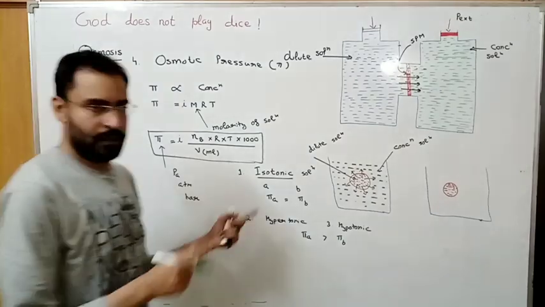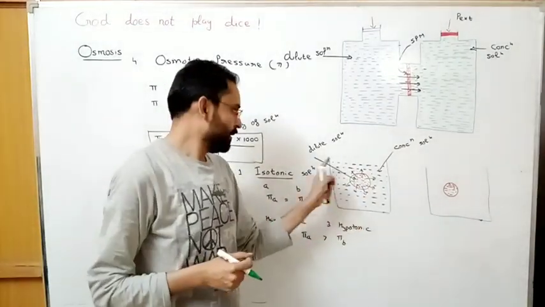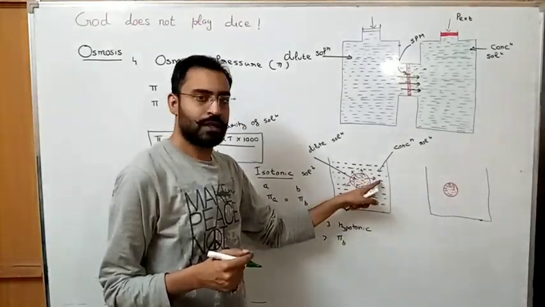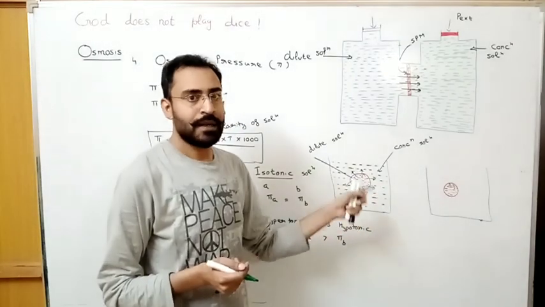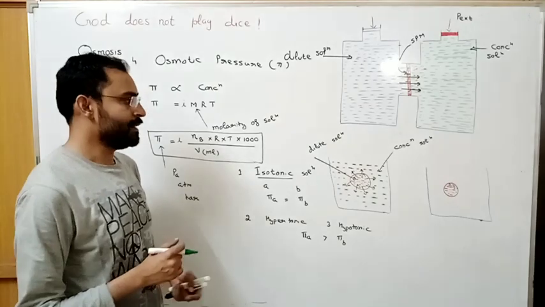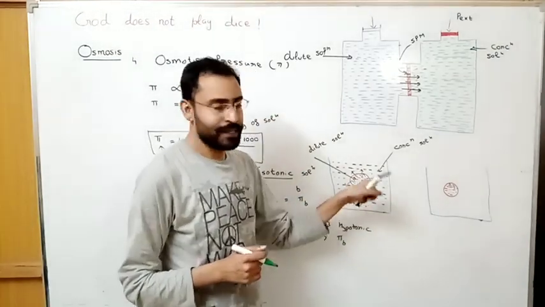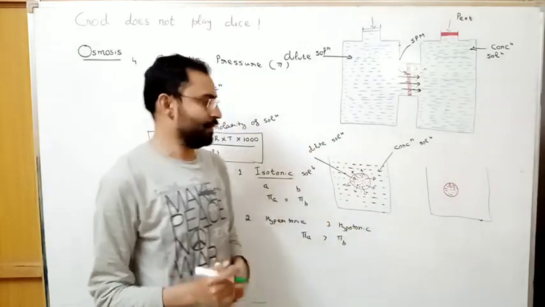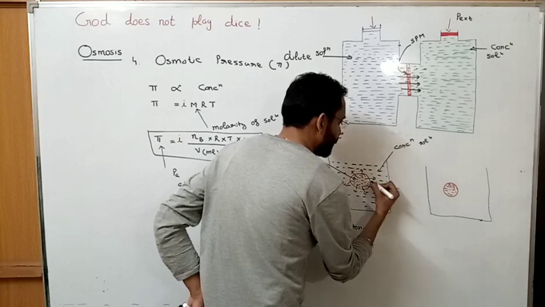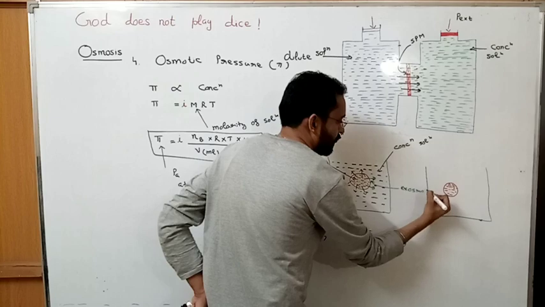It will happen like this, right? Look again. The concentration of fluids in the resin is less than the concentration of solution which is present outside. So solvent, that is water in this case, flows from the resin into the solution. This phenomenon is known as exosmosis.